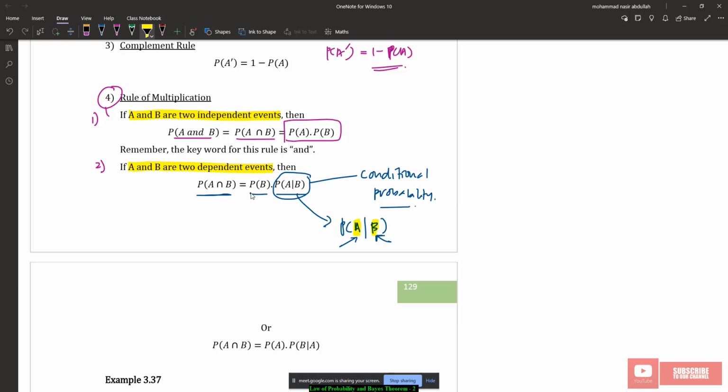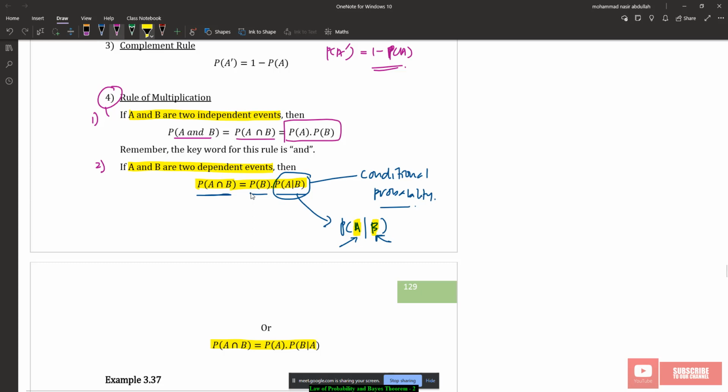Right, so kalau kita tengok, the formula keeps on changing. I can explain why. Probability of A intersect B is equal to probability of B multiplied with probability of A given B. And probability of A intersect B is also equal to probability of A multiplied with probability of B given A. Right?